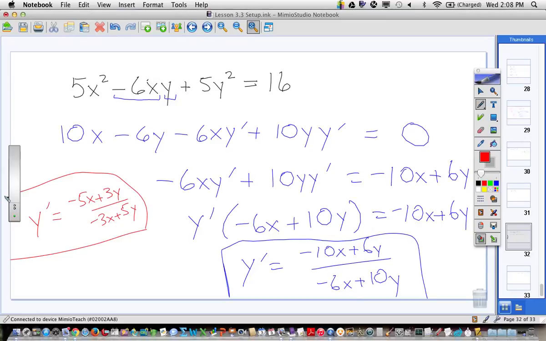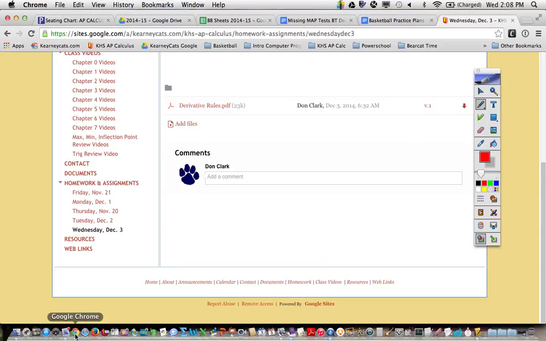Okay, so tomorrow, let me show you again on that website. So tomorrow there's the 3.4 line. Right, that's the inverse trig rule. And then another 10. And then some more on page 195.